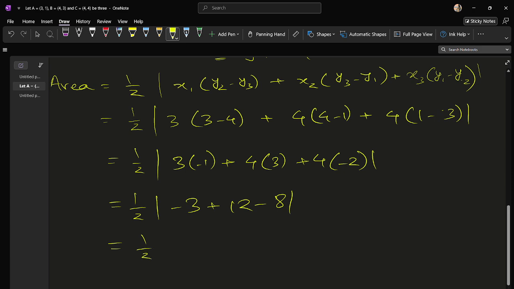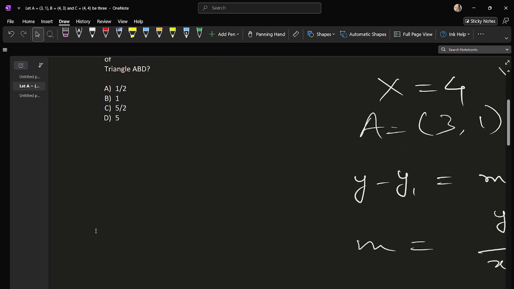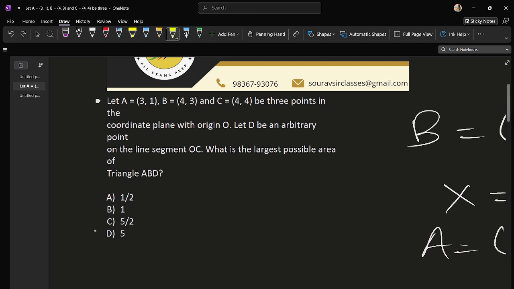So half times the modulus of 1, which is half. So our maximized area will be half, which is option A.